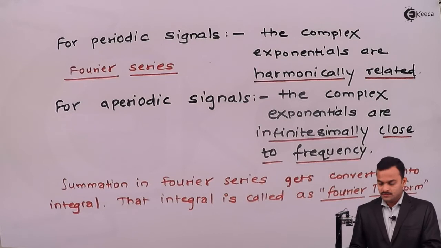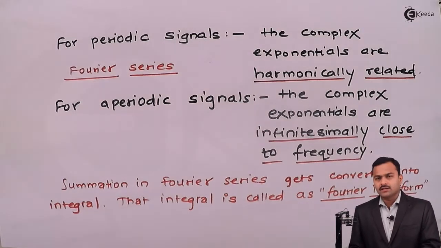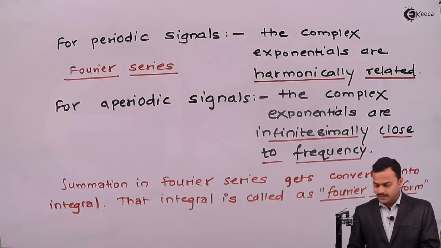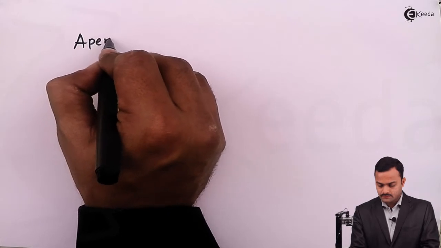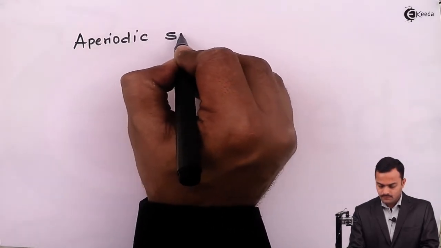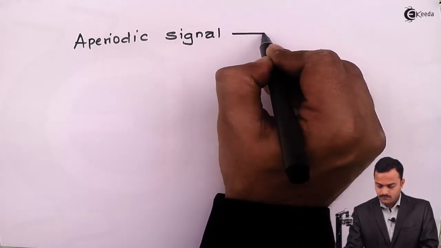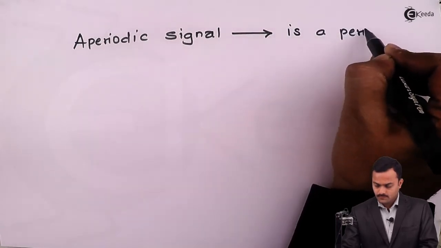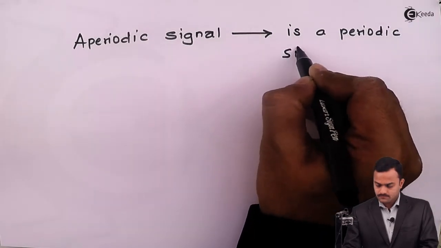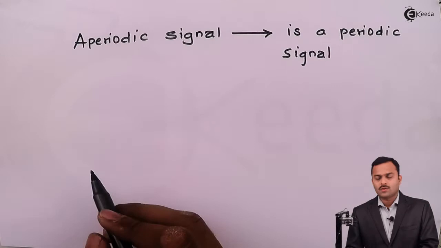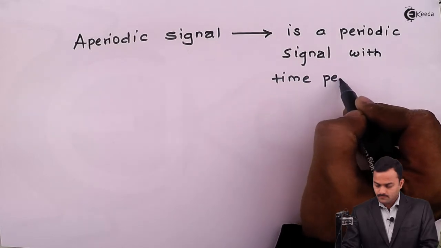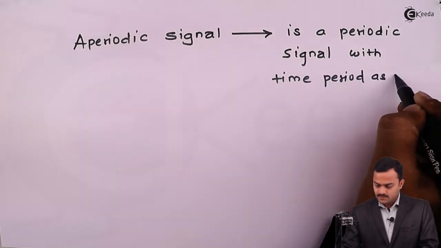How is this possible? There is one way where we can consider an aperiodic signal as a periodic signal with time period as infinite.